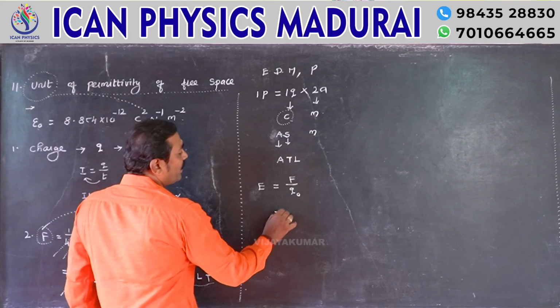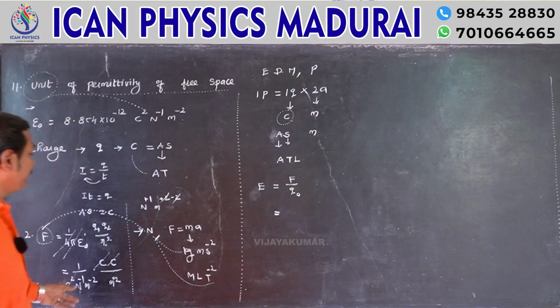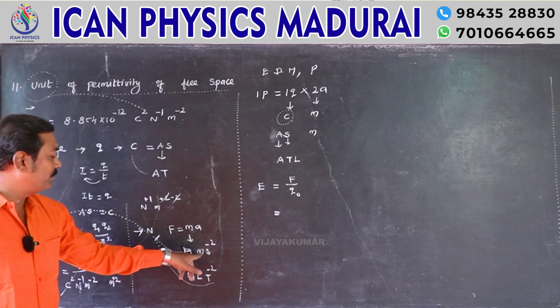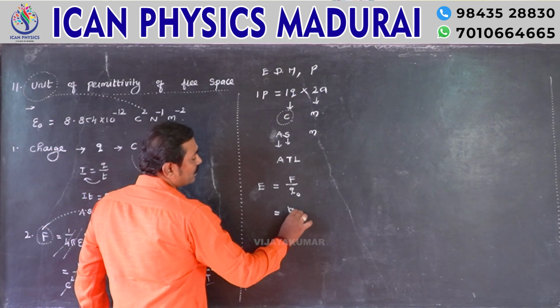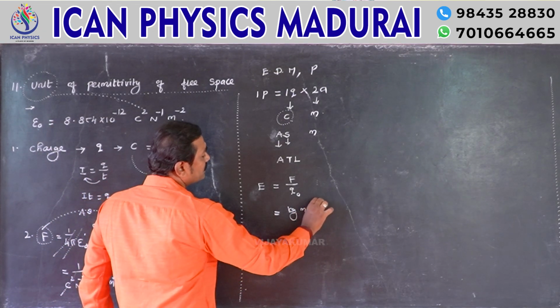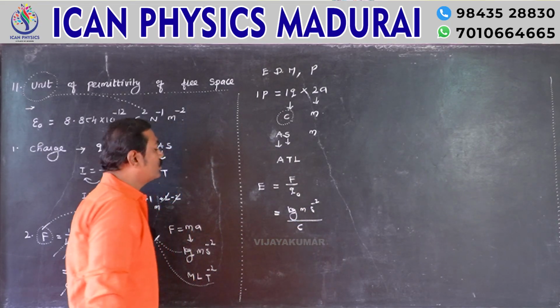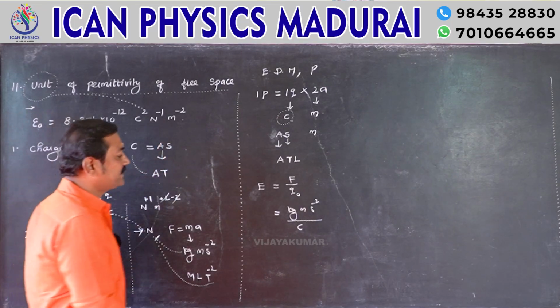Okay. So what is the unit of force, or what is the equivalent formula? From here we can take the value, that is kilogram meter per second squared. Okay. So kilogram meter per second squared divided by charge. Unit of charge is coulomb. The equivalent unit of coulomb is ampere second.